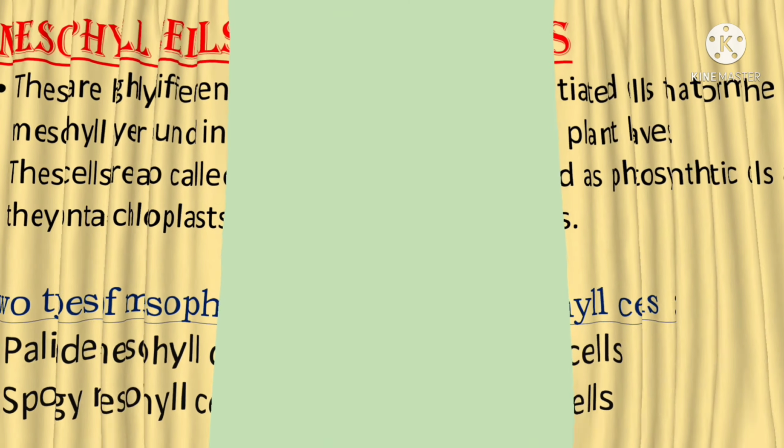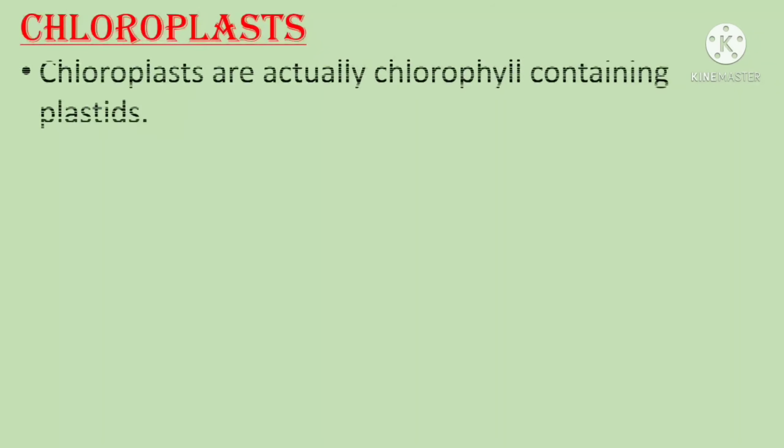Now, dear students, we will learn a bit about chloroplasts. Chloroplasts are actually chlorophyll-containing plastids. Plastids are a kind of cell organelle present in the mesophyll cells of the plant.